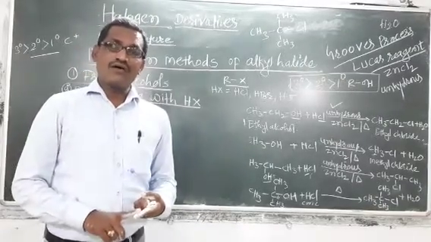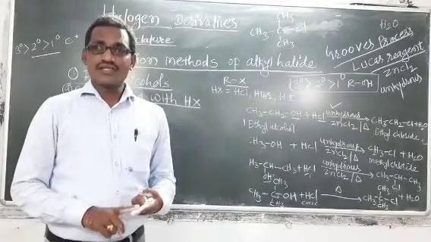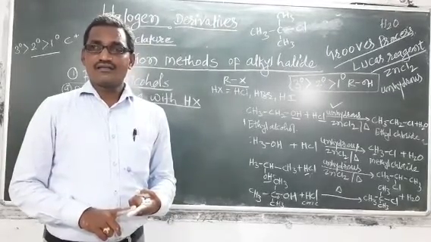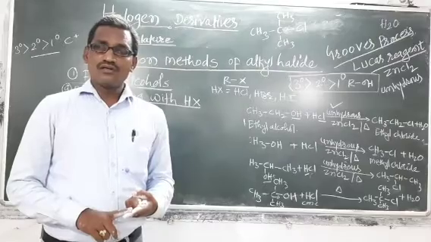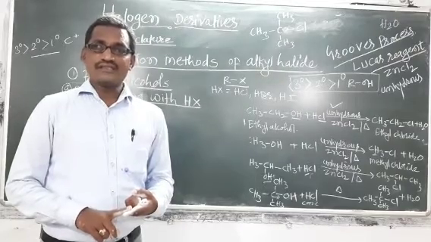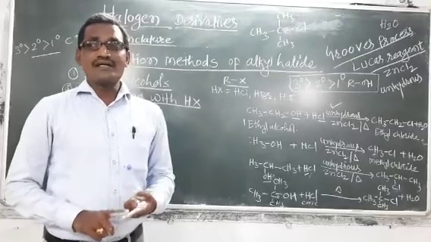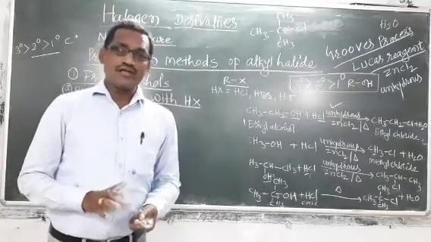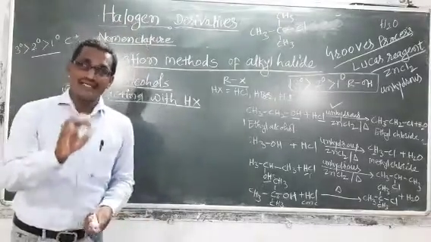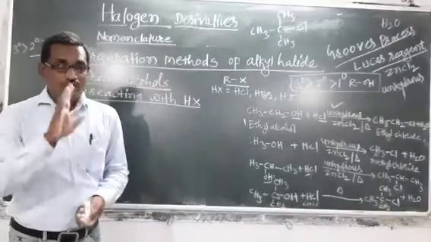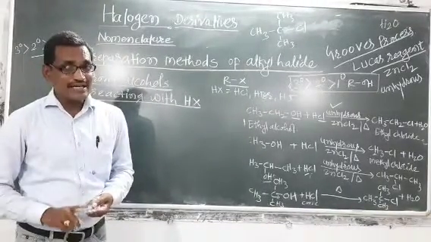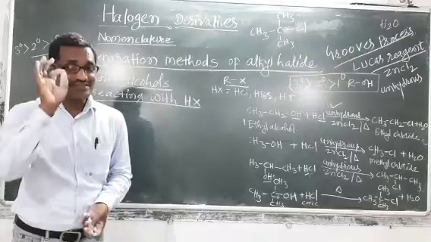The reactivity in this reaction is that tertiary alcohol is more reactive than secondary and then primary. While preparing alkyl chloride from primary and secondary alcohol, we have to use a suitable catalyst, that is anhydrous ZnCl2.